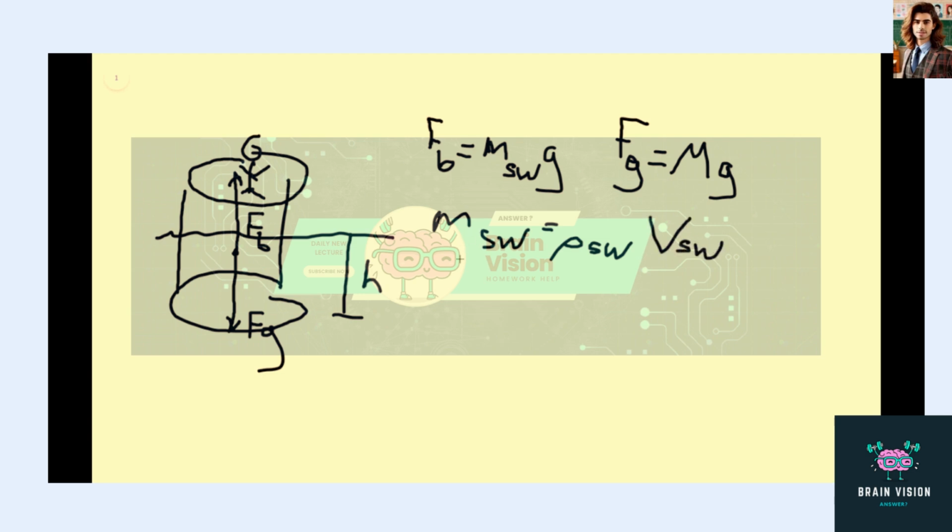Now we know that the buoy is cylindrical, so it's going to push out a cylindrical volume of water. And in particular, we know that the volume of a cylinder is equal to pi times its radius squared times its height, h, where in this case, h is the depth that the cylinder is sinking into the sea and not the entire height of the cylinder.